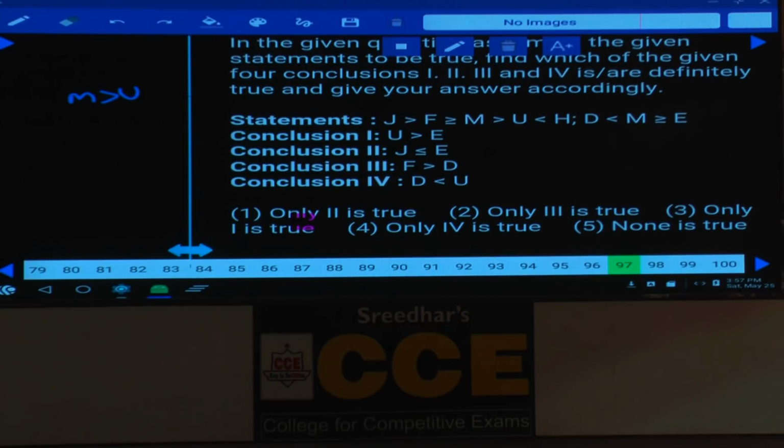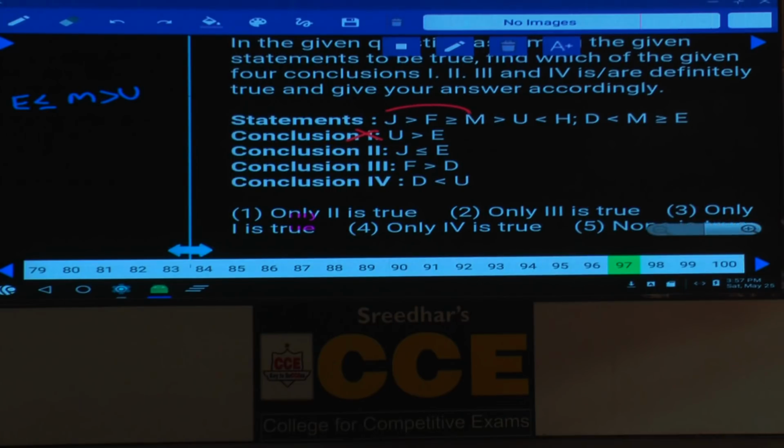And M greater than or equals to E, that means E lesser than or equals to M. E lesser than or equals to M and M greater than U. Now between E and U, two opposite symbols, first conclusion cannot be drawn. J and E. Now between J and E, first J greater than M, M greater than or equals to E, the symbol which is common is greater, hence J greater than E is true, lesser than or equals to E is false.